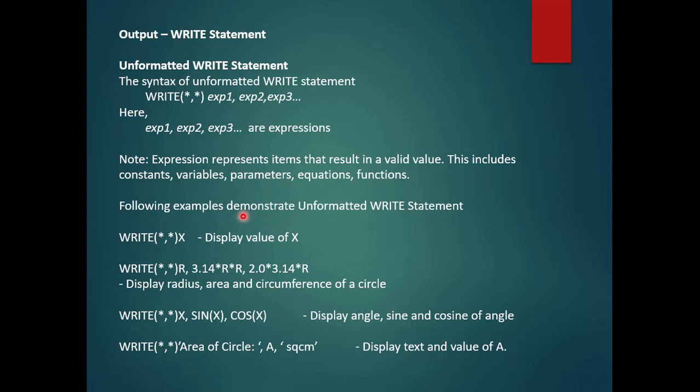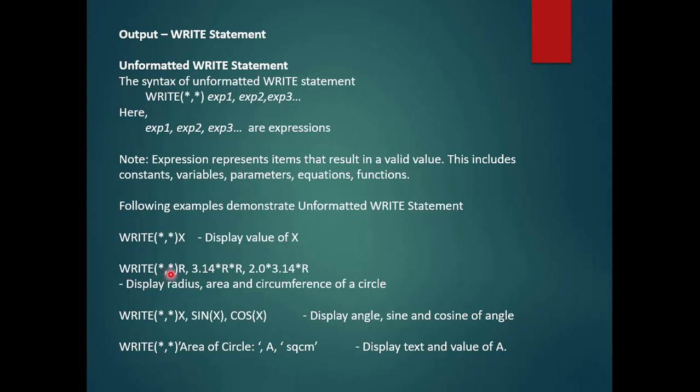Let us take an example. Write star comma star x: the first star is for where and the second star is for how, and the part after the parentheses is what to write. So this will display the value of x.